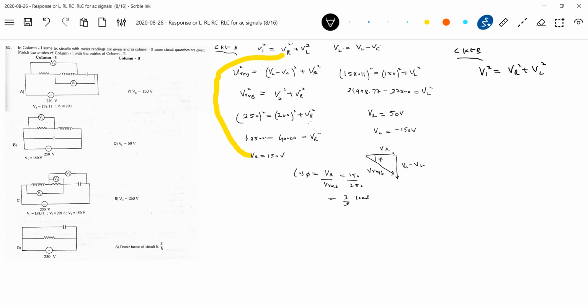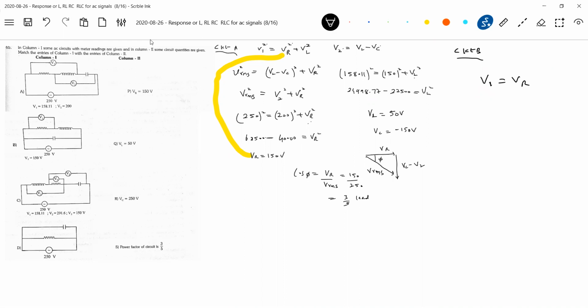We know V1 is 150, as given. Sorry, V1 is only VR, because the voltmeter V1 is connected parallel to the resistor. So V1 equals VR.